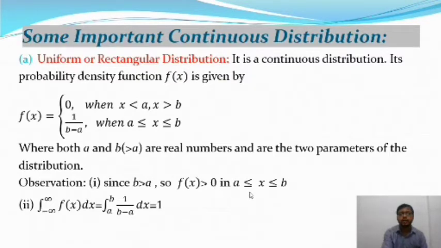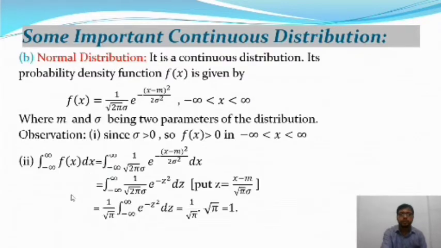And the integration over minus infinity to plus infinity of f(x) dx, where f(x) is equal to 1 by (b minus a) in that interval a to b and otherwise 0, is divided into three parts: minus infinity to a of f(x) dx, a to b of f(x) dx, plus b to infinity of f(x) dx. But in the interval a to b the probability density function is 1 by (b minus a), otherwise 0.